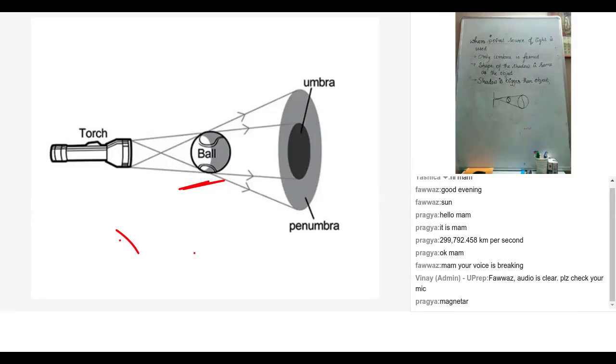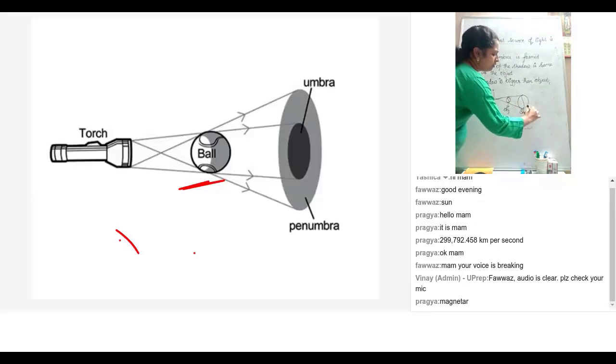Now that is what I'm going to tell you. See, this is the source of light. This is the point source. This is the object, and this is the shadow. Of course, it will not have any color. You will be able to see only the shape.